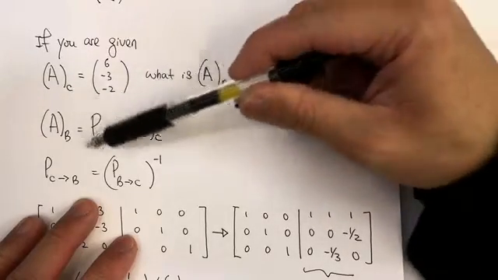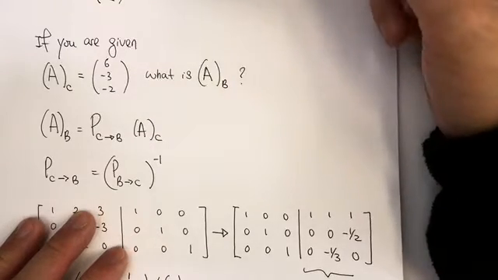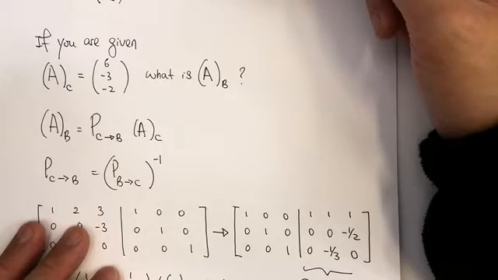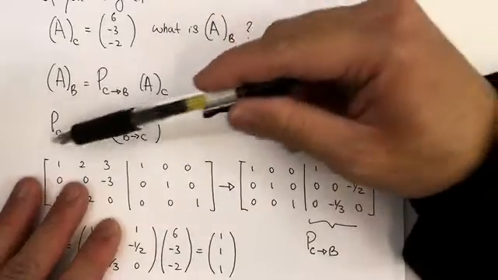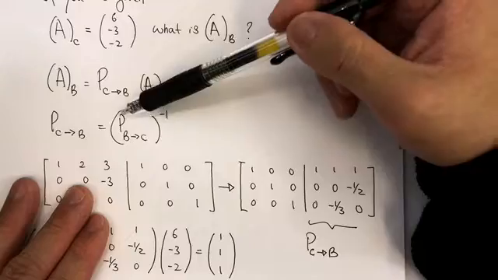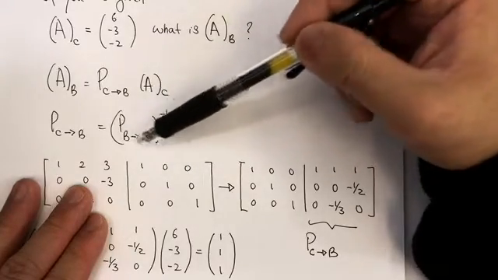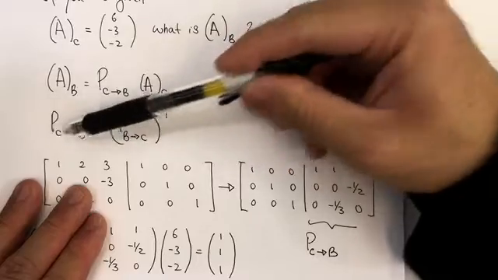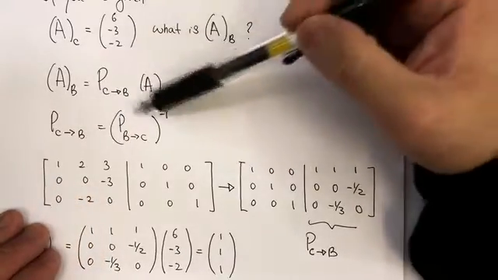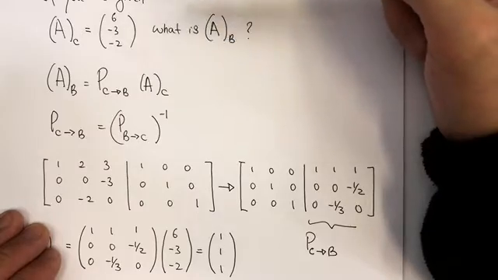And so instead of recalculating the transition matrix using the basis method, we also saw in class that the transition matrix from C to B is actually the inverse of the transition matrix from B to C. So the inverse of the transition matrix from B to C is the transition matrix from C to B. So we just need to compute the inverse of the matrix that we obtained before.